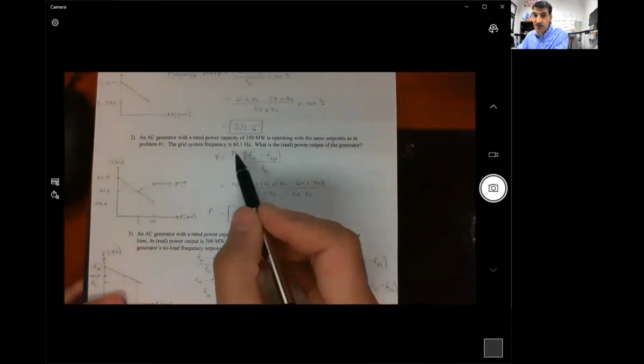I could plug this expression into the power equation, which I have not used yet, and solve for the full load frequency. And then you could go back to the droop equation and solve for the no load frequency. I did it just a little bit differently here.